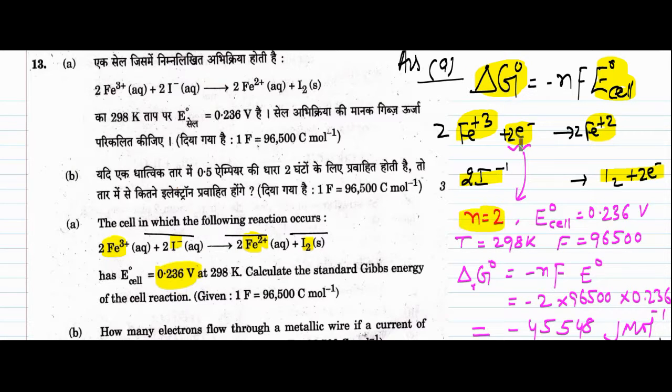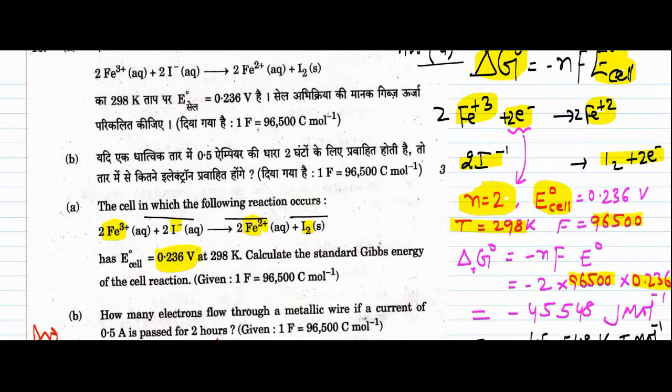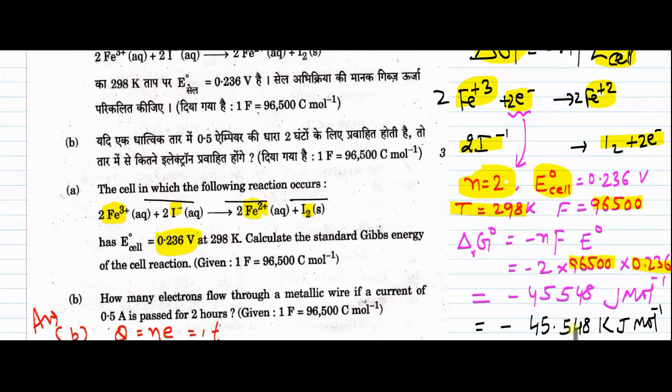E naught cell गिवन है, F गिवन है 96500, तो रिजल्ट मिलेगा अपने को minus nF E naught cell, minus 2 into 96500 into 0.236, 45.54 kilojoule per mole.